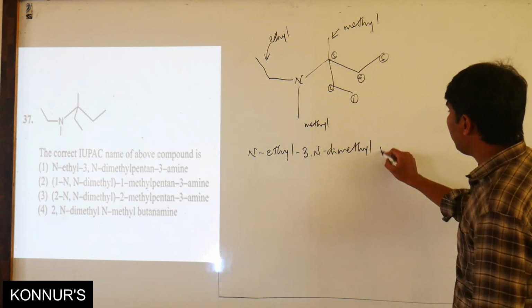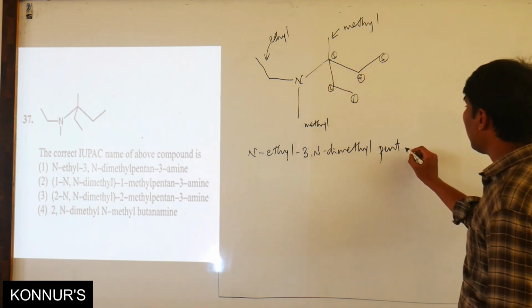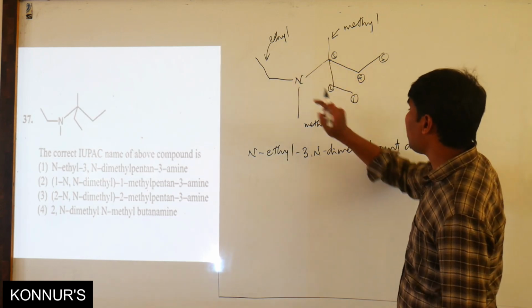Now the root word is pent. Since carbon to carbon single bonds are there, it's ane, and on the third carbon there is an amine.